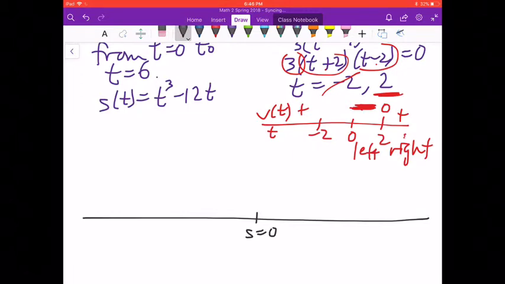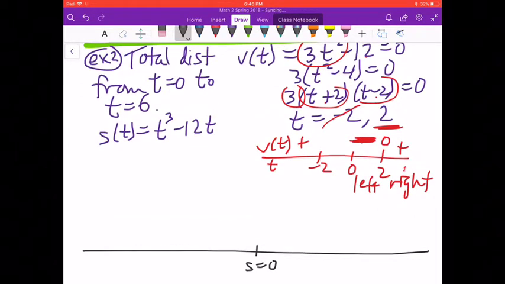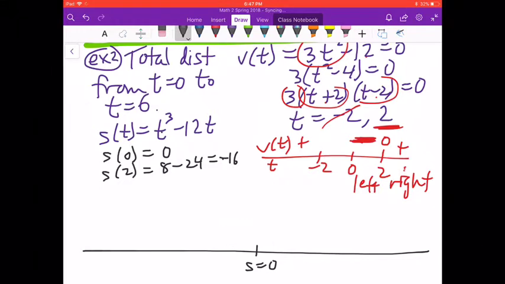And if we plugged in 0, if you look back at the function, s of 0 is equal to 0. You can plug in here and you can plug in there. You're going to see it's equal to 0. Next up, we're going to plug in s of 2. And we can find out that that's 8 minus 24, so that's negative 16.